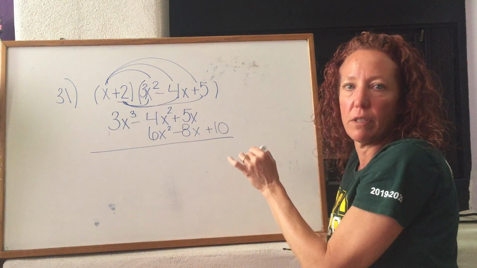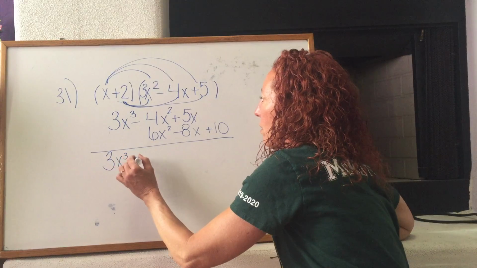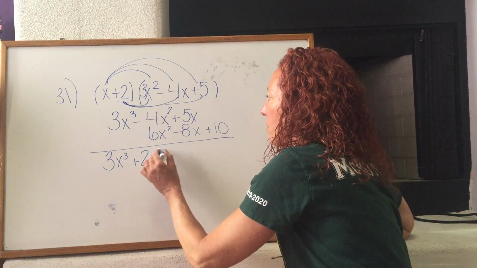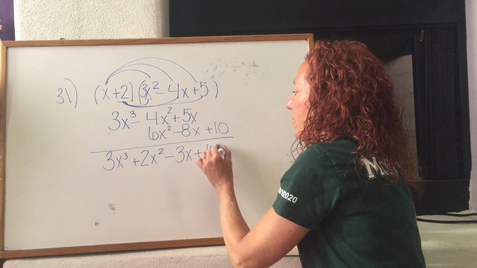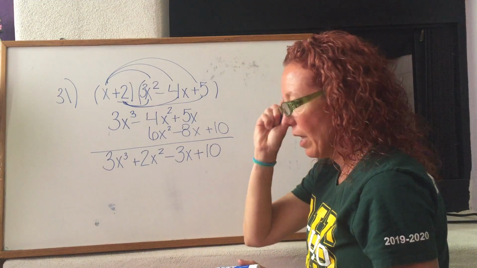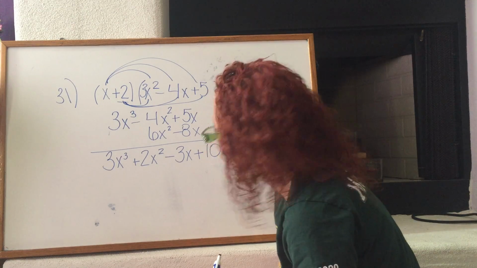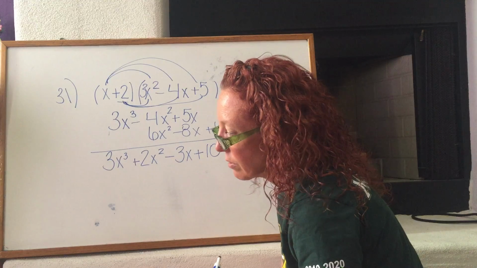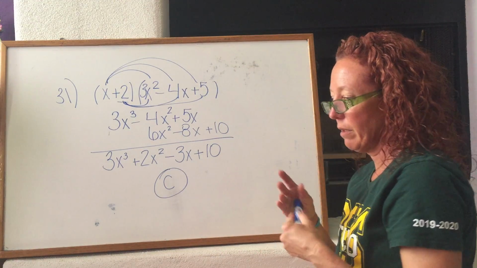And now all I have to do is add straight down. So 3x to the third plus 2x squared minus 3x plus 10. Oh, C. I'm getting slower here, not faster.